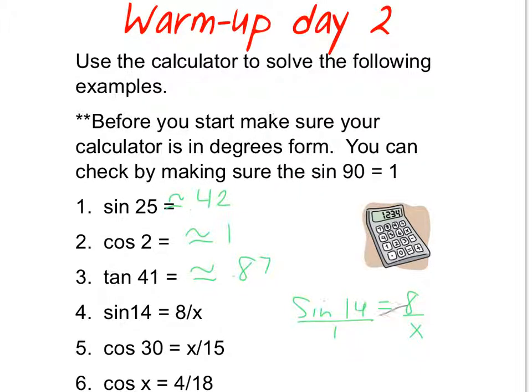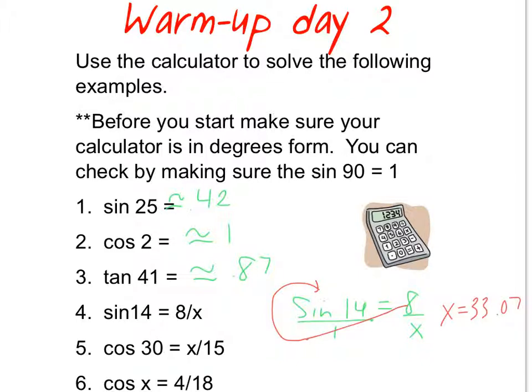So I'm going to take 8 times 1, which is 8, and then I divide by the sine of 14, and there's my fish hook. So in my calculator, I'm going to put in 8 divided by sine of 14, and I don't have to times it by 1. That's why I skipped that step. So x equals 33.07.